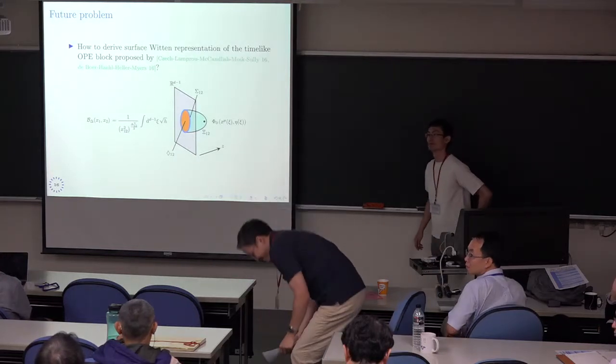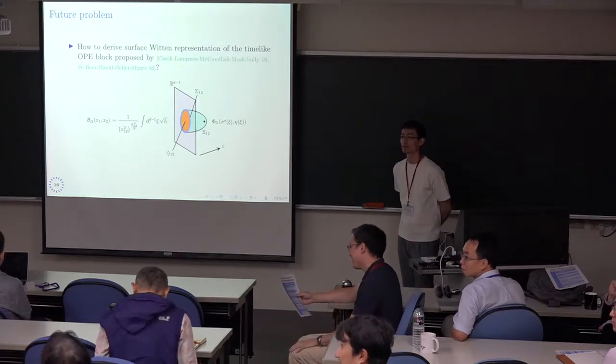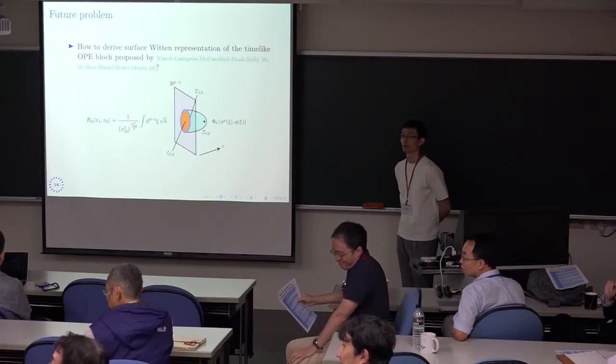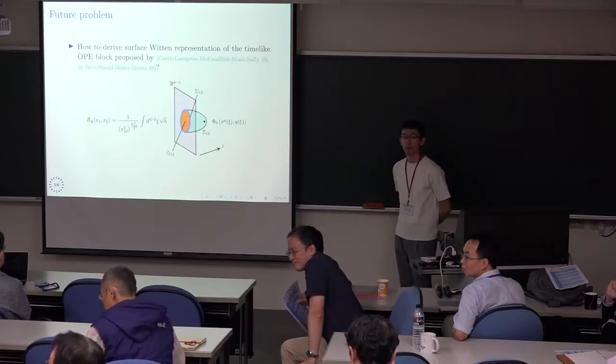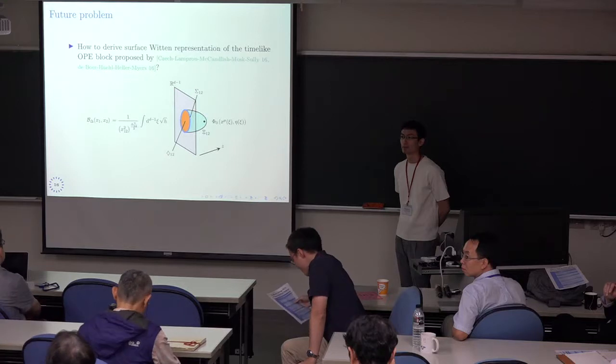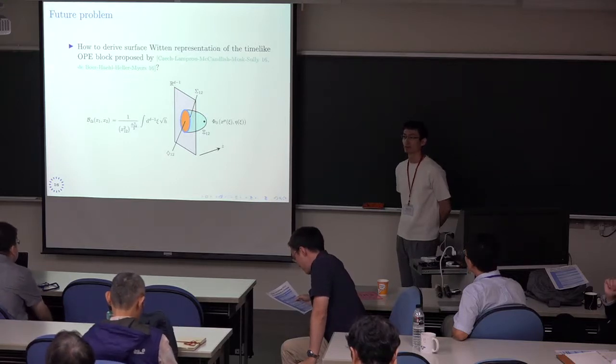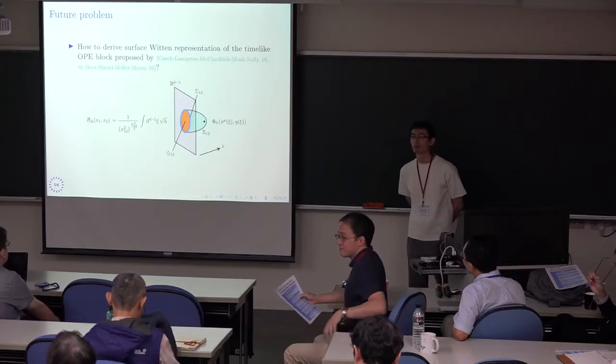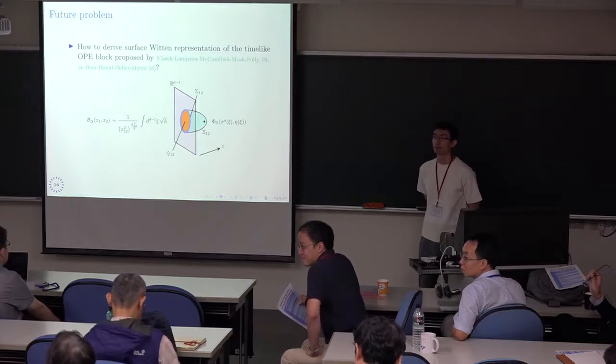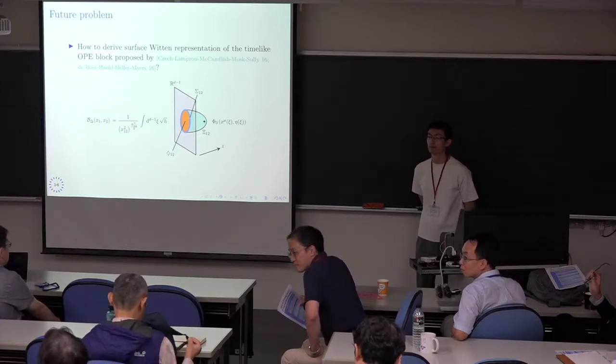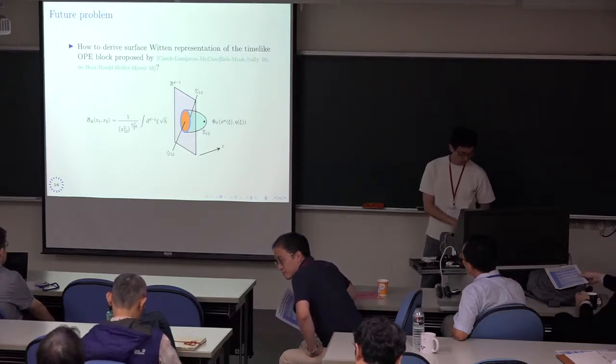Yeah, I have two questions. First, for this one, at some point, are you using the momentum space version of the HKLL? From that point of view, it's more like a smear over the whole space, not like a subregion.